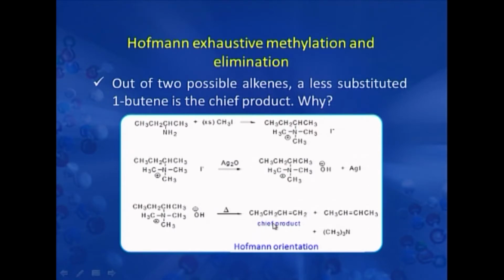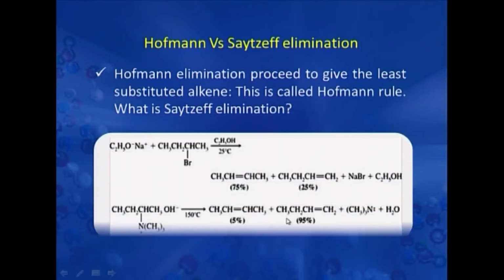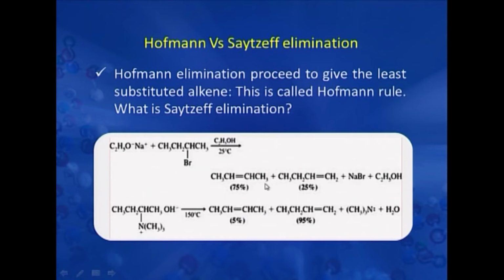There are 2 possibilities: formation of 1-butene and formation of 2-butene. 2-butene is a more substituted alkene, and it has been found that the major product here is 1-butene, which is a less substituted product. Now, the question arises why there is formation of a less substituted alkene, whereas in the earlier lectures you may recall that in case of Zaitsev elimination of alkyl halide, a more substituted alkene is the major product.